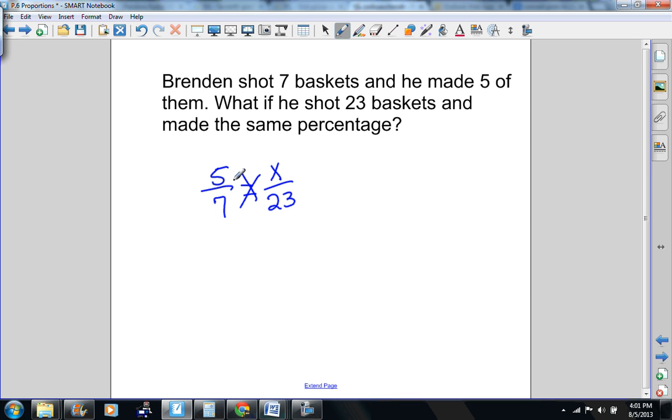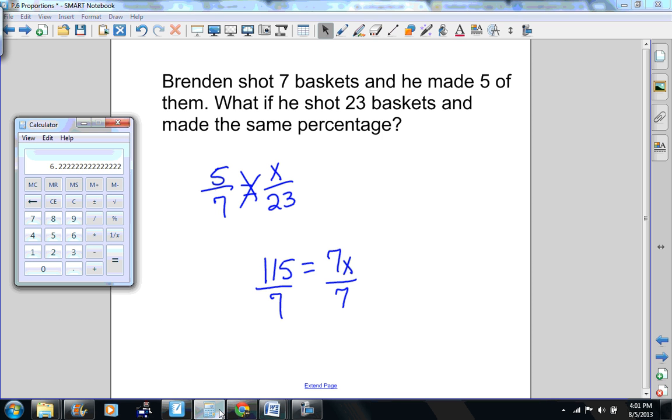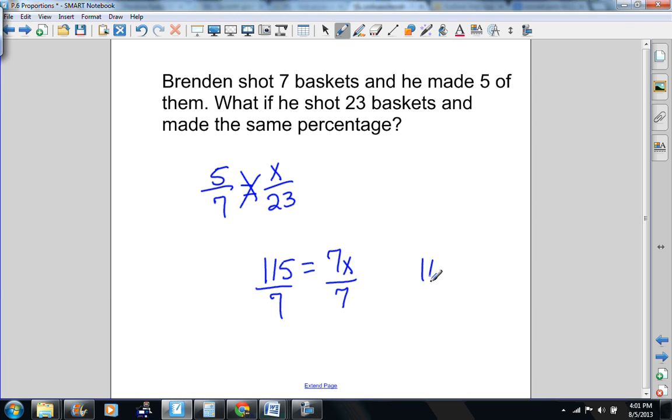So cross multiply. 5 times 23, that's 115, equals 7x. I divide by 7. Now this one's not going to be exact, so we're going to have to estimate. 16.4. Well, I can't make part of a basket, so he's going to make 16 baskets.